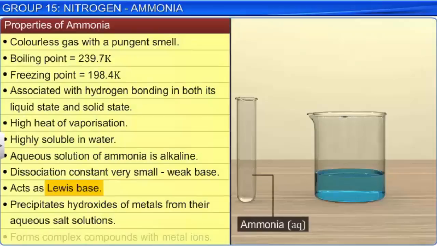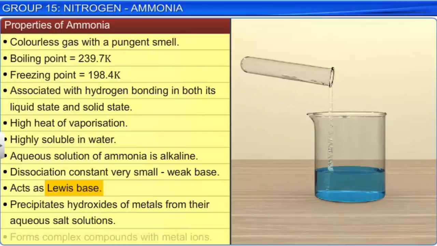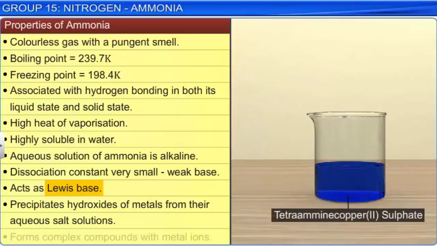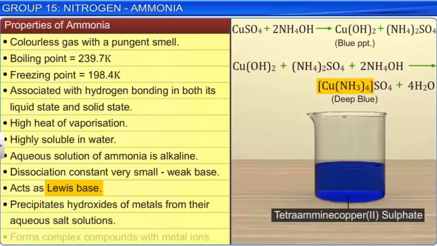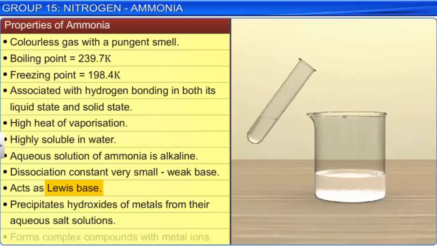An aqueous solution of ammonia combines with copper sulfate solution to form a deep blue color. The deep blue color is due to the formation of tetraammine complex. Similarly, the formation of a colorless diammine complex of silver ion is shown here.